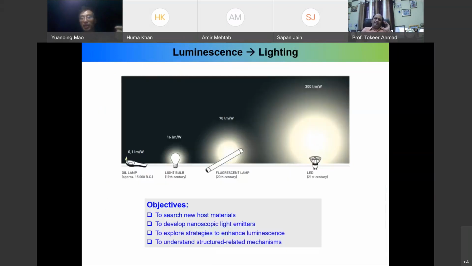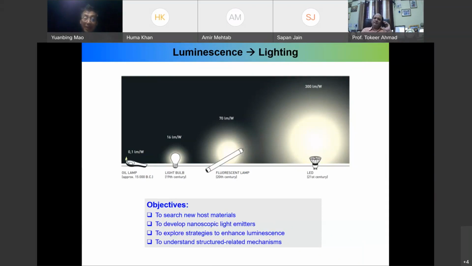And so from luminescence to lighting, this is really a key, because we want to have light, and we want to have light which is close to natural light, sunlight. And also we want to make it as efficient as possible.